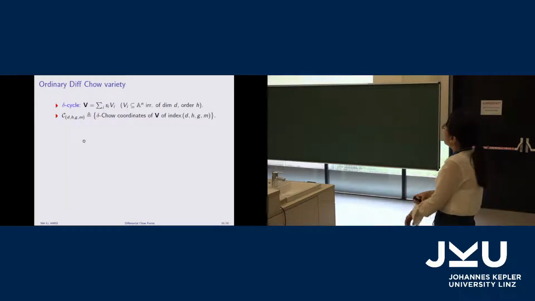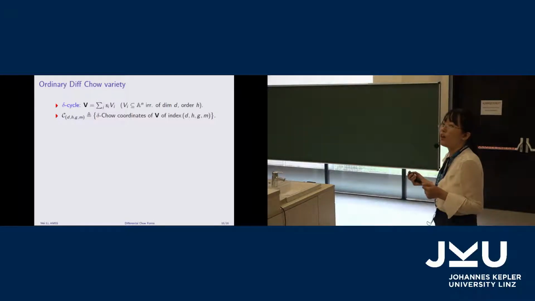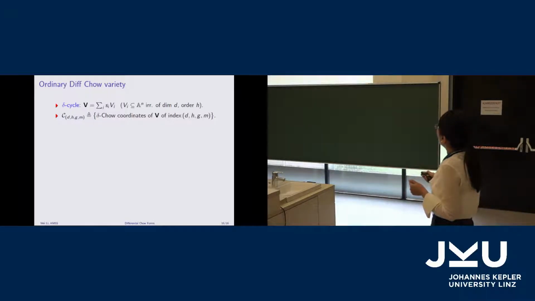And through differential two forms, we can define differential cycles. So here, Vi is not only required to have the same differential dimension, but also should have the same order.